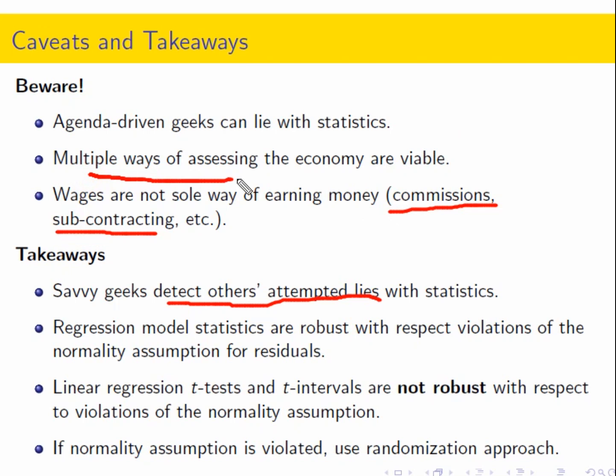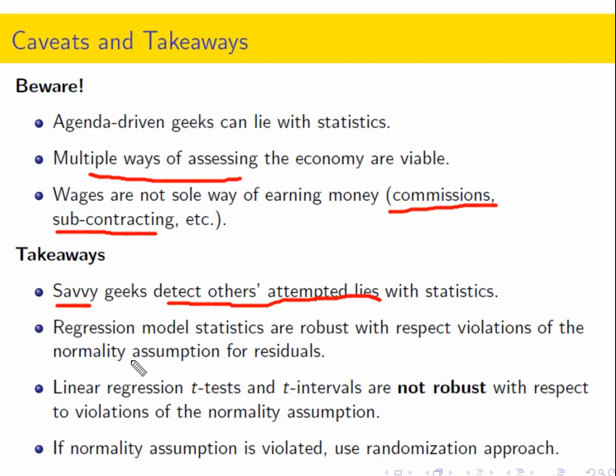Also, there are lots of different ways of assessing the economy, including GDP and the stock market and lots of other indicators, including jobless rates, unemployment, whether unemployment's going up or down. So definitely be aware when you hear somebody pushing an agenda and quoting statistics. We want to learn to be smart about that, and we want to be the savvy geeks that are able to detect when something's wrong or implausible with somebody's argument.